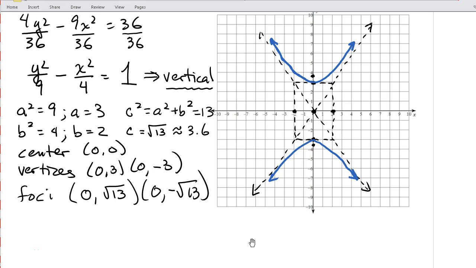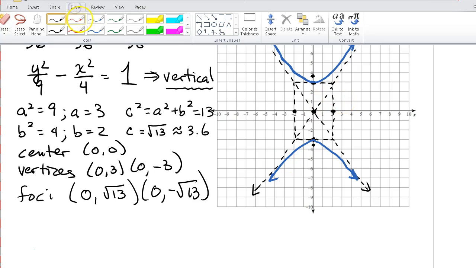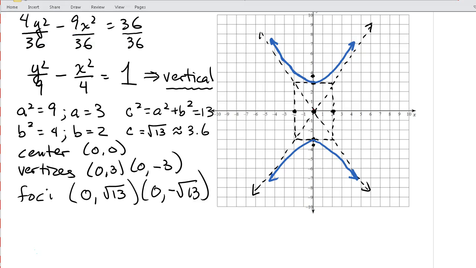And finally, let's take a look at our asymptotes. So again, for my slope, normally I just look and see, okay, if I start at my center, I would go up this amount, which is a, and over this amount, which is b. So rise over run, my slope is going to be a over b. So for my asymptotes, I know I'm going to have y is equal to k, which is 0.